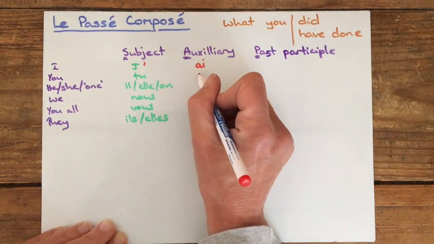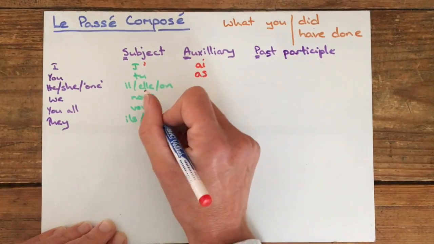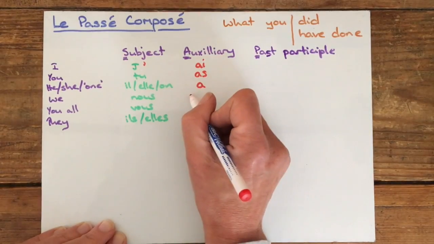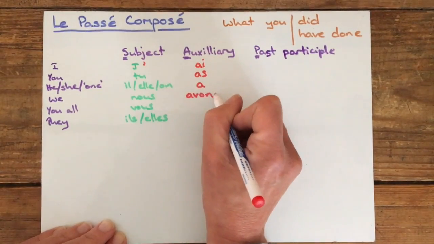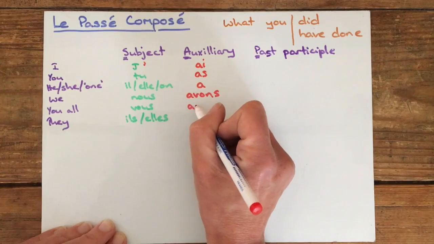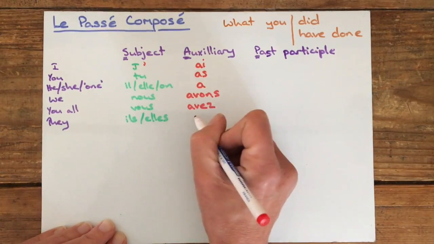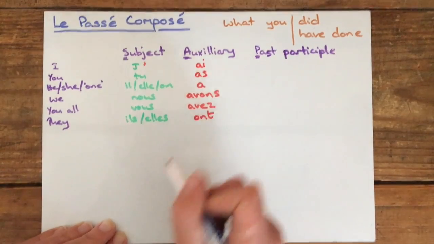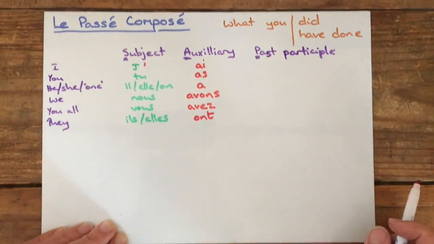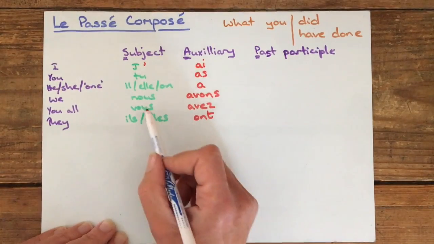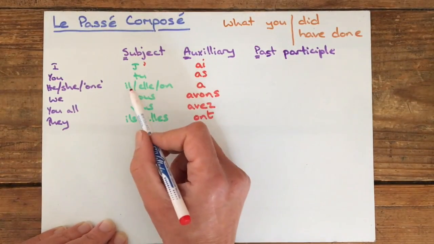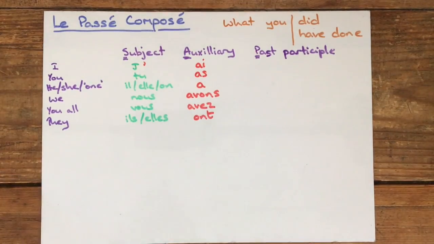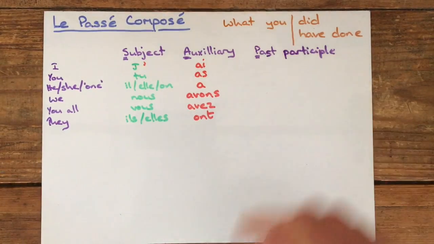J'ai, tu as, il, elle, on a. Nous avons, vous avez, ils ou elles ont. Okay, so they have, you have, we have, he has, you have, I have. So that's your first part, the what you have done.